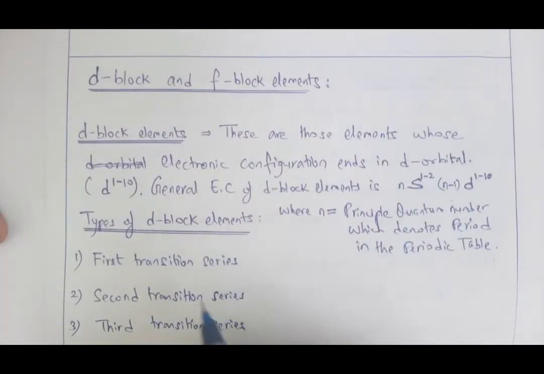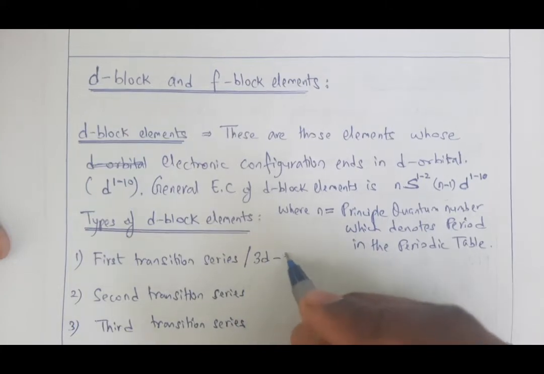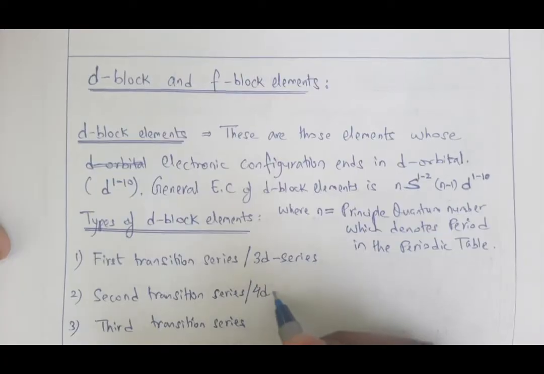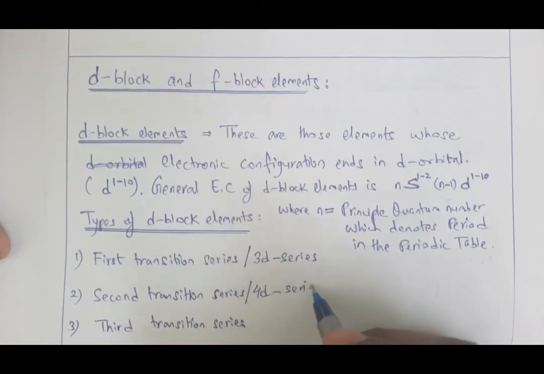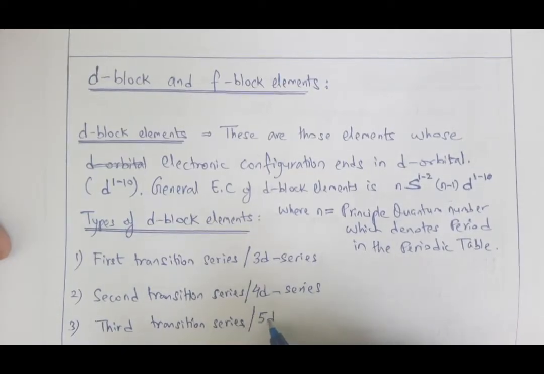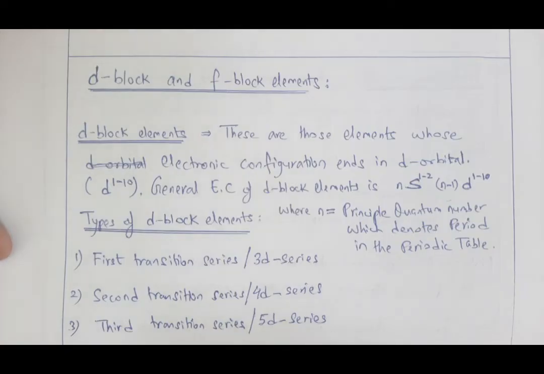Therefore, the first transition series can be written as the 3d series from now on, and it belongs to the fourth period. The second transition series is called the 4d series, and it belongs to the fifth period. And the third transition series is called the 5d series, and it belongs to the sixth period in the periodic table.